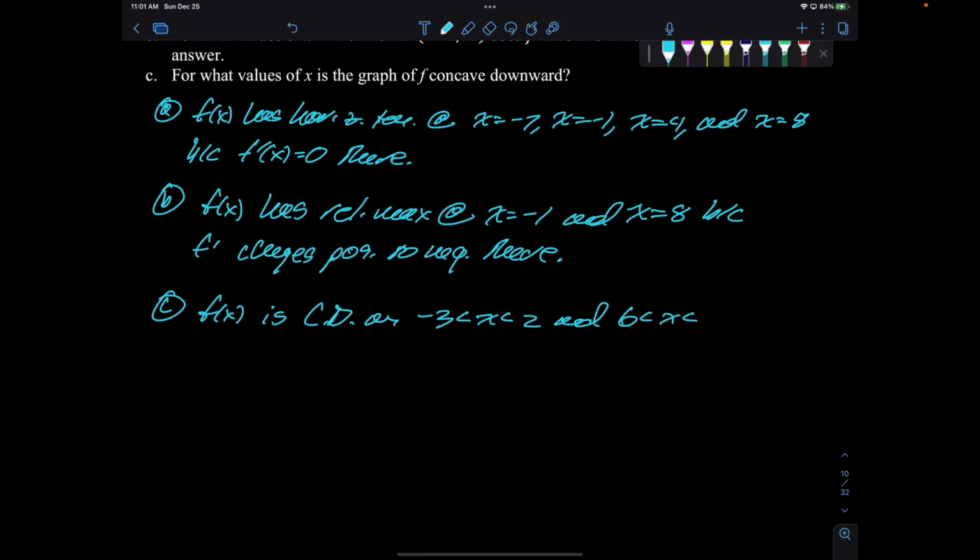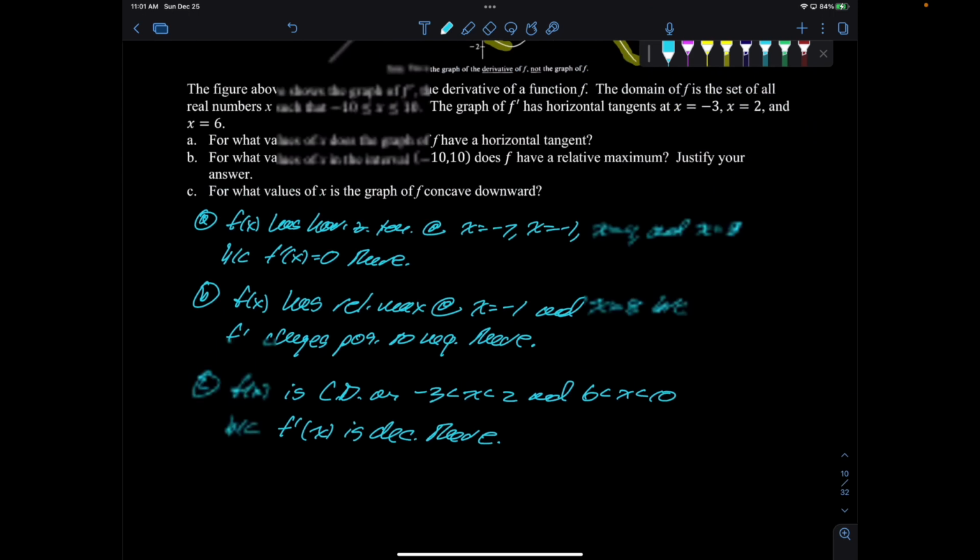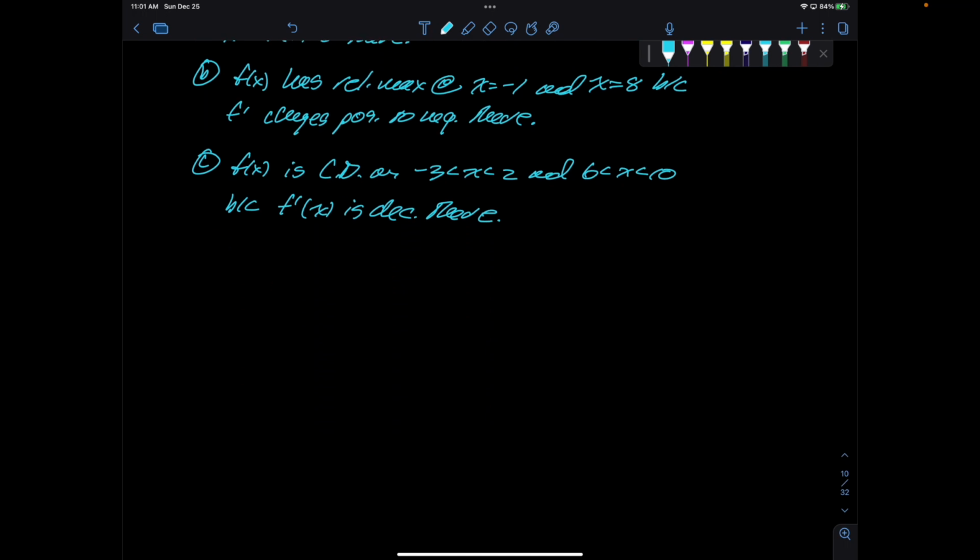And our reason, because f prime of x is decreasing there. We have the graph of f prime, so everything should be based on this. And if you don't like just that, which is totally acceptable, you should say f prime is decreasing, which kind of implies that f double prime is negative. That would be okay. But you really want to mention what's going on with f prime so that it makes sense to people. All right, so let's look at another one of these.